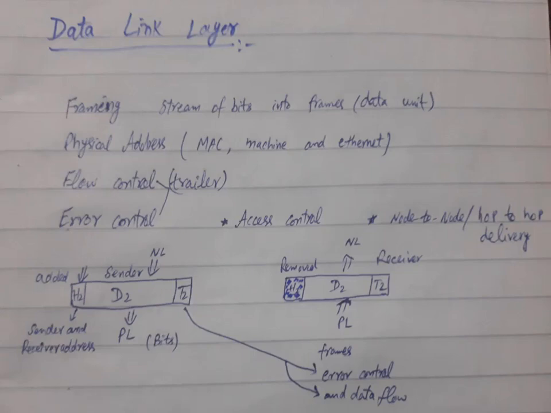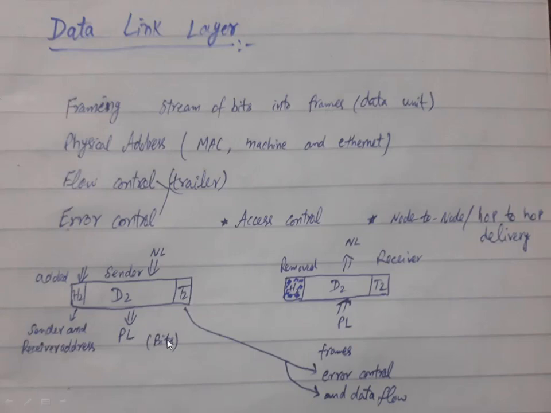of the data link layer is framing. It means the stream of bits is converted into frames, that is data units. Bits and frames are data units. So at the data link layer, the stream of bits is converted into frames.